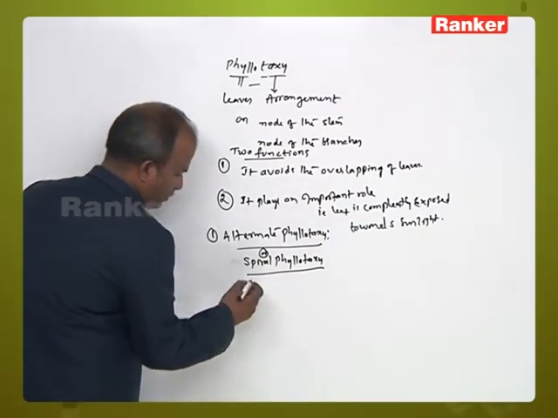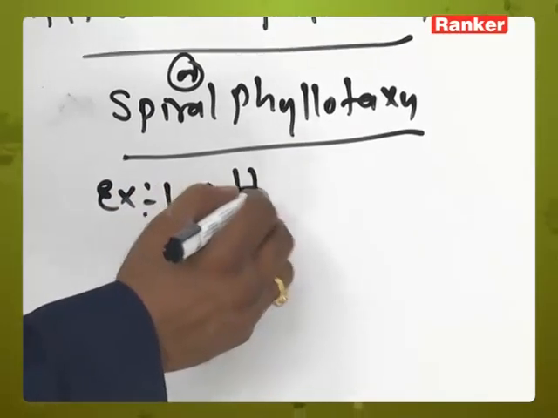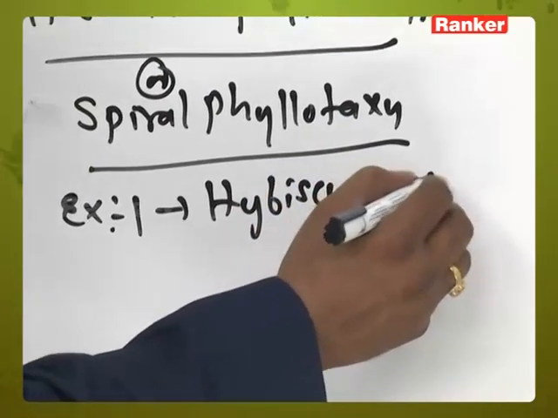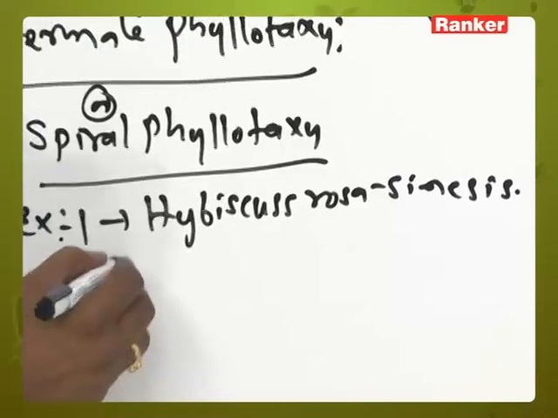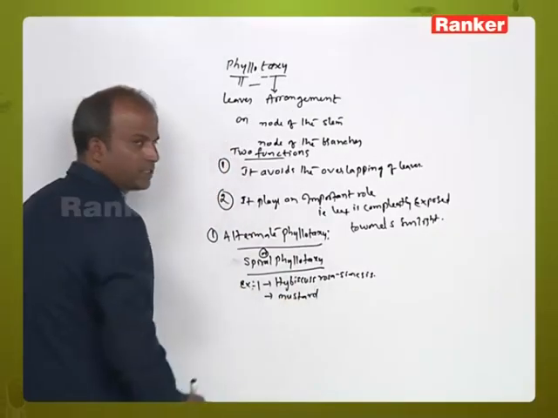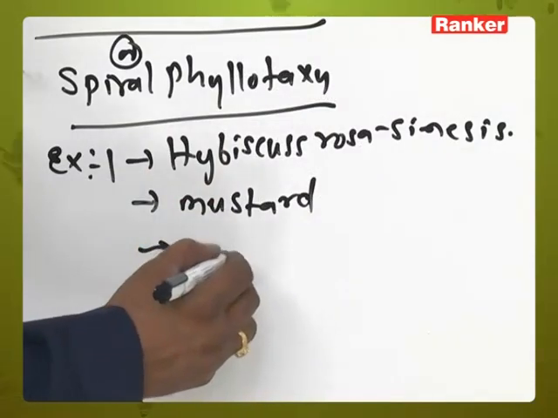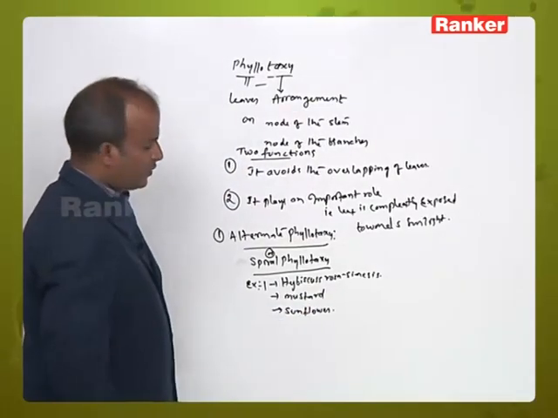What are the examples? Example 1 is Hibiscus rosa sinensis. The second one is mustard. And the third one is sunflower.